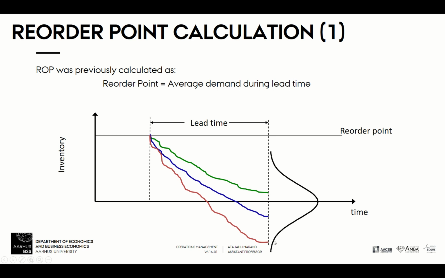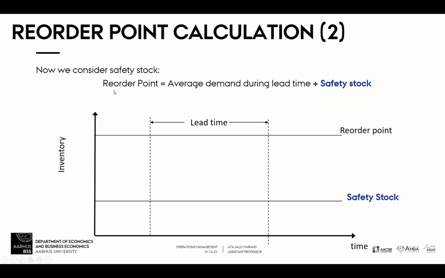In order to avoid this high probability and in order to satisfy a desired cycle service level, we will add some safety stocks to our reorder point. So our reorder point will be the average demand during lead time plus some safety stock.